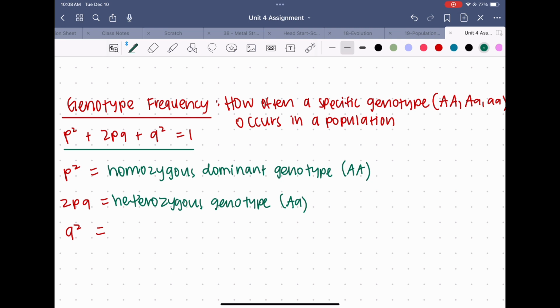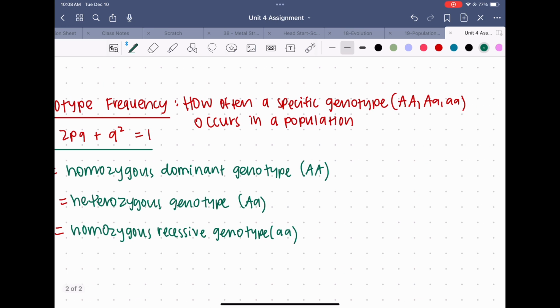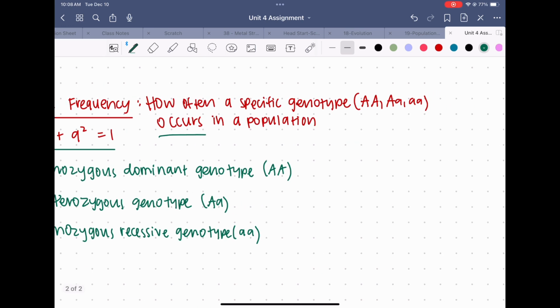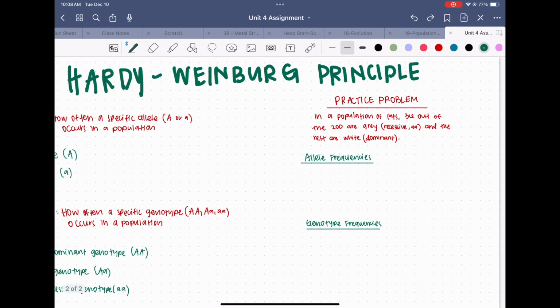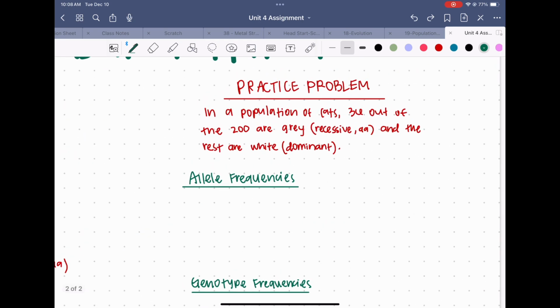So big A, little a. And Q squared is our homozygous recessive genotype. So little a, little a. And genotype frequency is how often a specific genotype occurs in a population, so we can look at exactly what those genotypes would be. So I made a little practice problem.